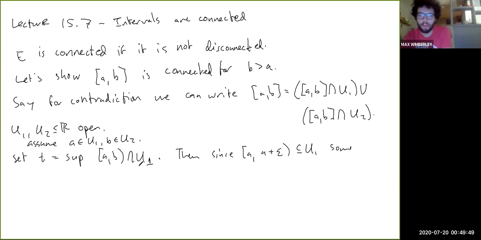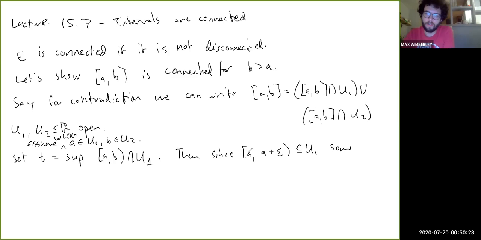Anyway, they're assuming a is in U1 and b is in U2, and we can do this without loss of generality. The reason is that if this weren't the case, then we could find a smaller closed interval inside of this closed interval where that was true, and then we would just find the contradiction for that one.